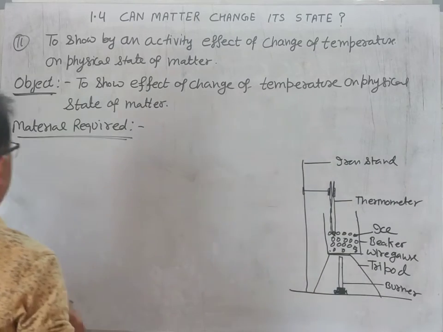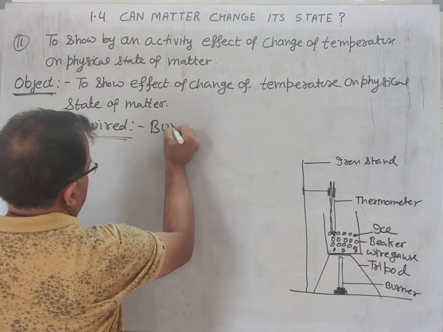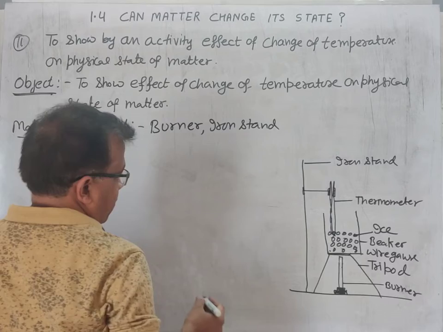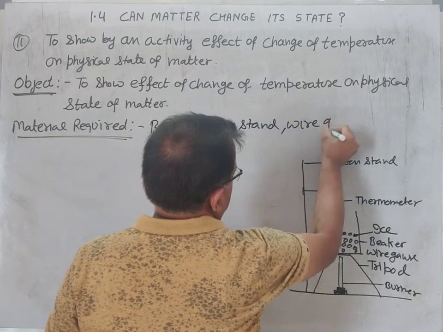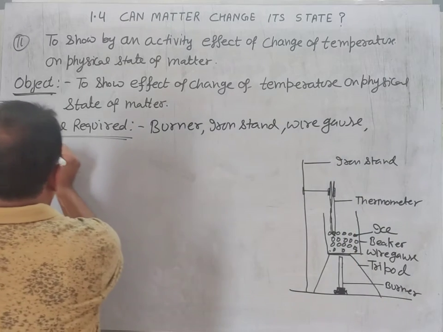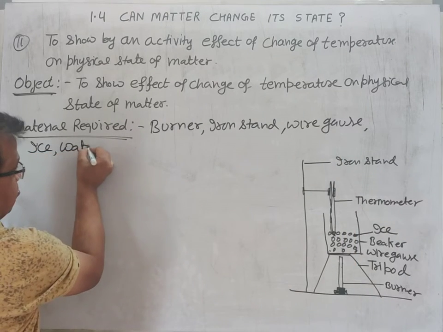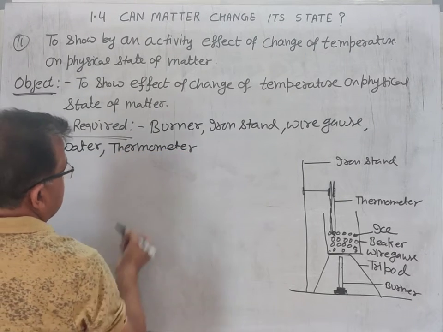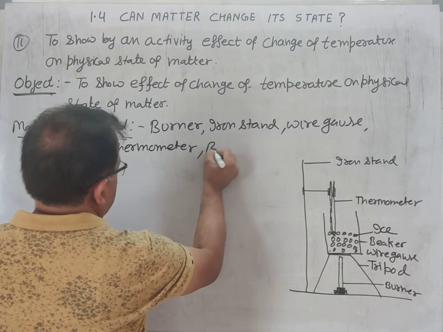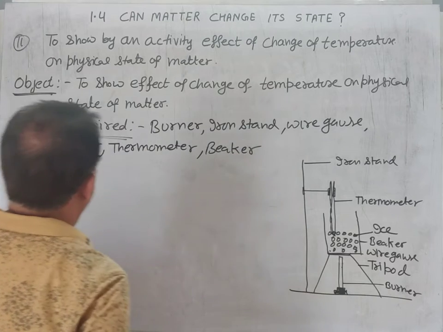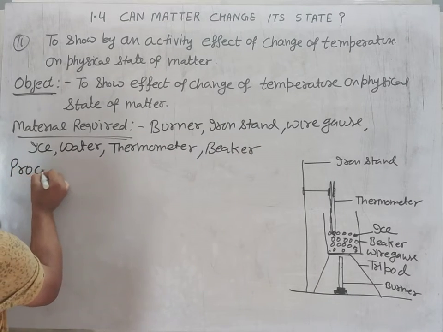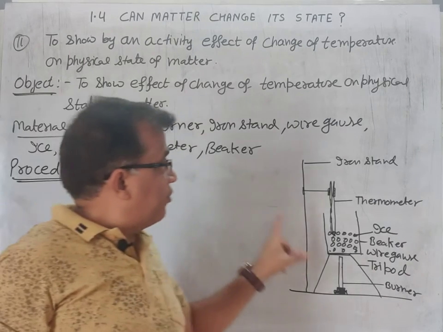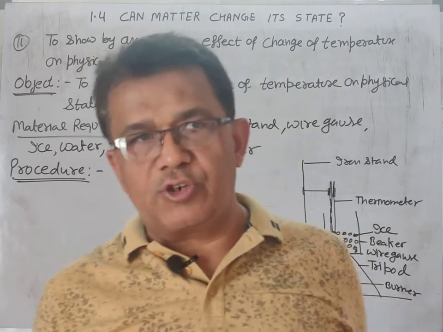This is the setup. Material required are burner, iron stand, wire gauze, ice and water, thermometer, etc. Beaker, we are going to study effect of change of temperature on physical state of matter.